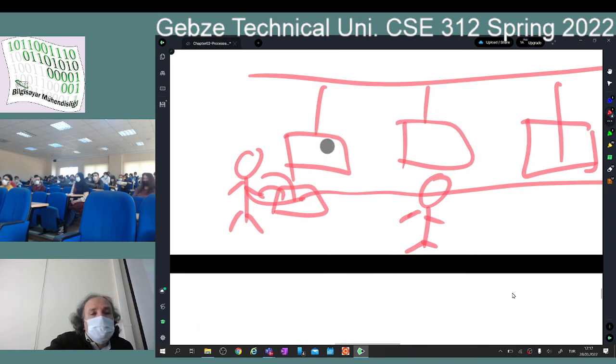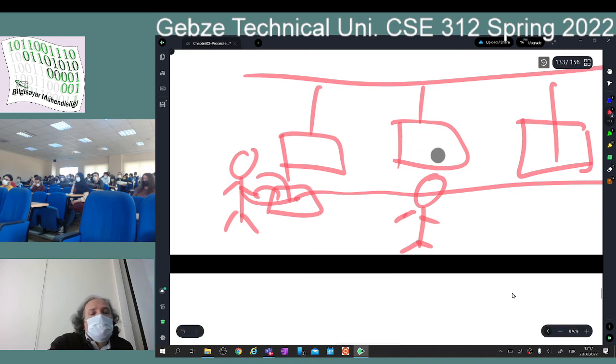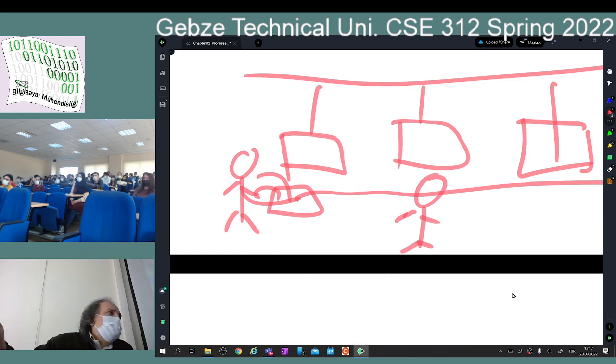Okay, good idea. But then somebody realized that even if I am not running an interactive job, if I sit in front of the computer and regularly hit the enter button, the computer operating system thinks that my process is an interactive process, is going to increase my priority, and my job will run faster.